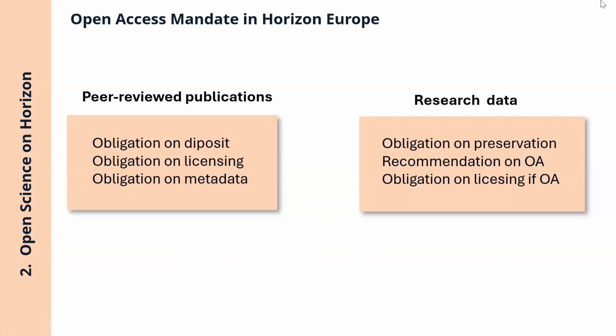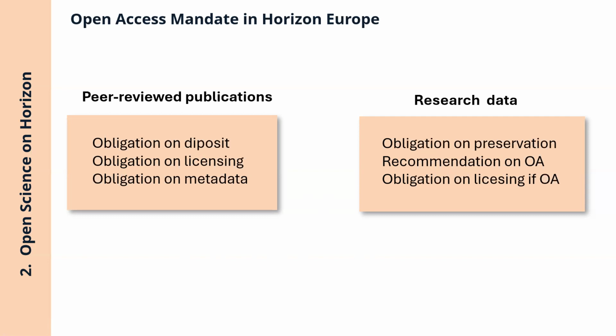So here you have a very graphic, general view of the main articles of the main obligations related with open science. Basically, what we quickly call the open access mandate in Horizon Europe specifically.